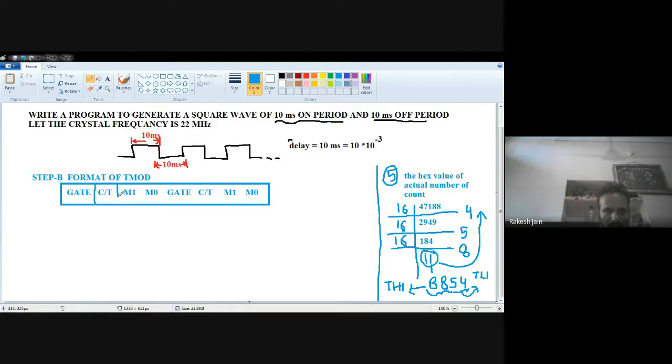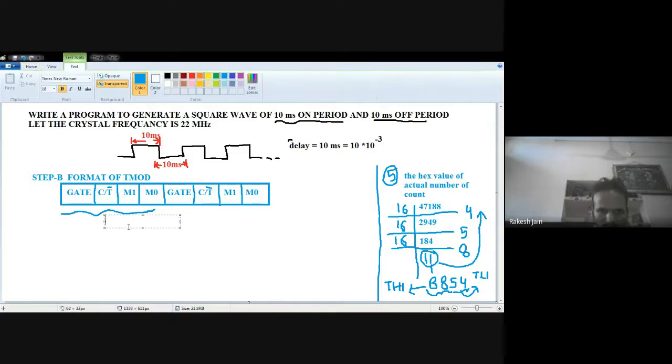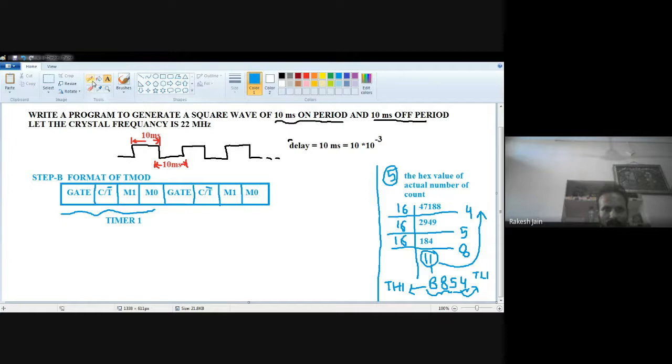Gate, C/T bar, M1, M0, Gate, C/T bar, M1, M0. This is the format of the T mode register, in which the upper 4 bits are used for timer 1 and the lower 4 bits are used for timer 0.